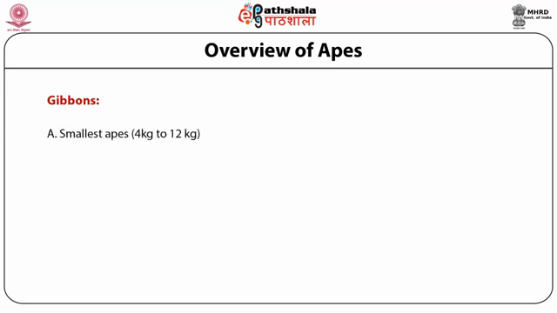Gibbons are the smallest apes of all, in relation to Pongidae, found in Asian tropical and subtropical forest from easternmost India and Bangladesh through mainland Southeast Asia and the Indonesian archipelago. Body size ranges from 4 kg to 12 kg.